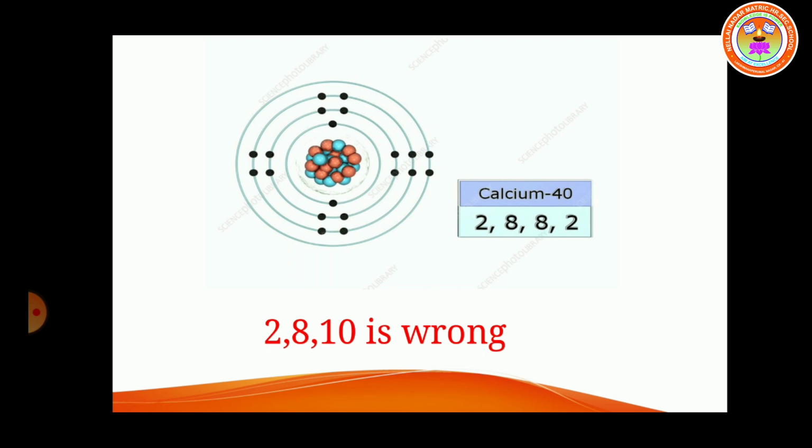If you write 2, 8, 10, the outermost shell has 10 electrons. But according to the octet rule, we cannot have more than 8 electrons in the outermost orbit. So 2, 8, 10 is wrong. 2, 8, 8, 2 is the correct way to write the electronic configuration of calcium.